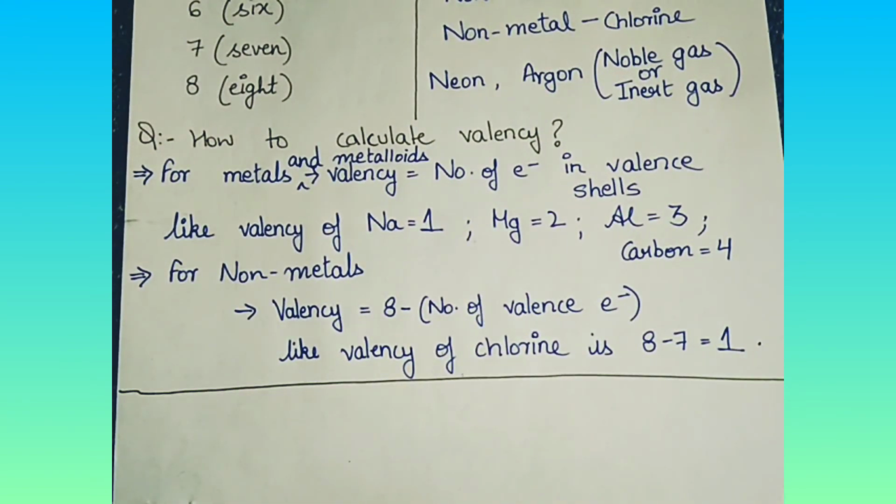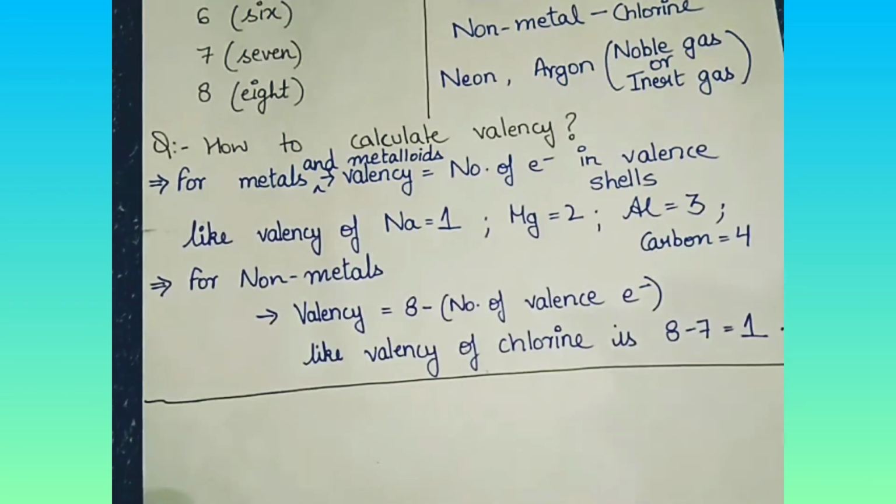For non-metals, we are going to calculate by subtracting from 8, like 5, 6, 7. If we subtract 5 from 8, it will give you 3. 8 minus 6 equals 2, and 8 minus 7 equals 1. So, it will give you the valency of the non-metals.